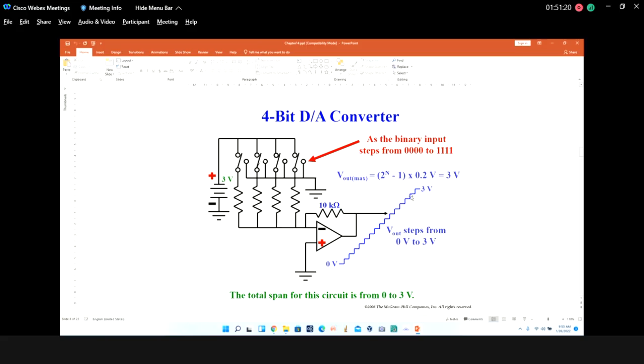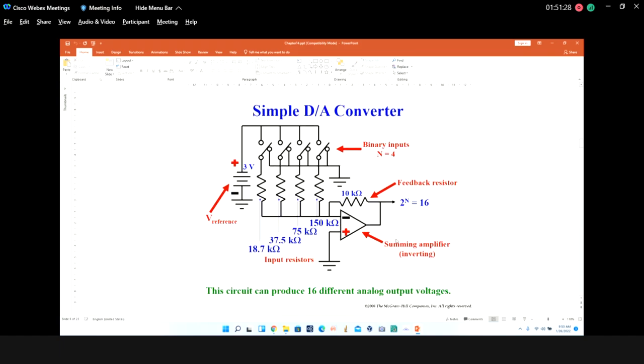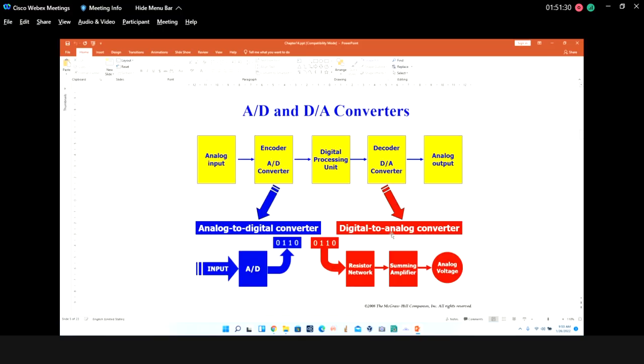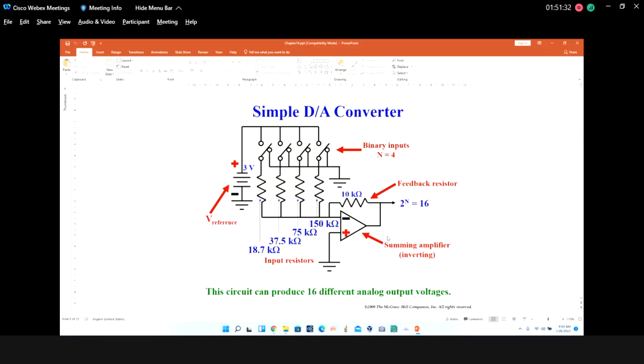Maybe this 3 volt is to ramp up a DC motor. So the last topic is the simple DA converter using a summing amplifier.